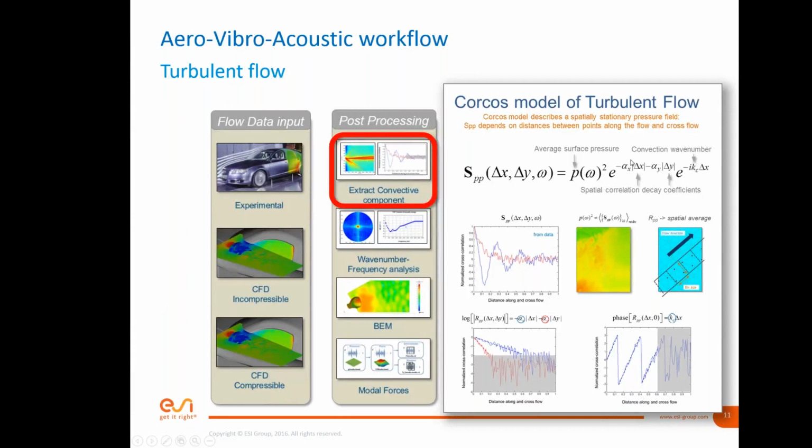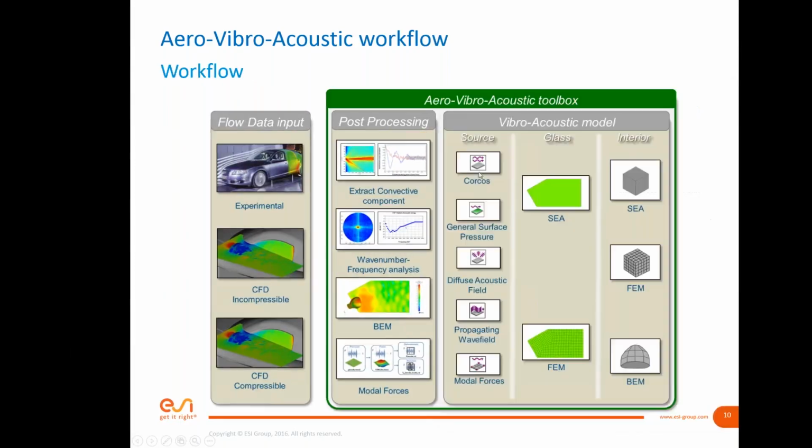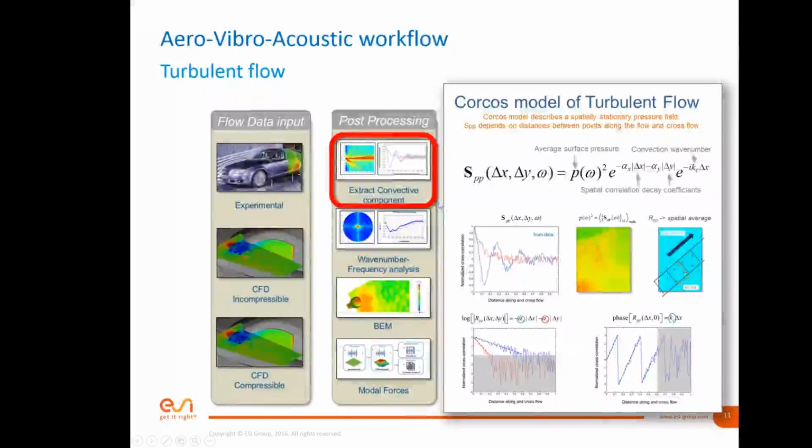The Corcos coefficients will be fitted using this processing to create this Corcos load in the model. So using the CFD data as entry, the average pressure, the spatial correlation decay coefficient, and the convection wave number will be computed automatically.